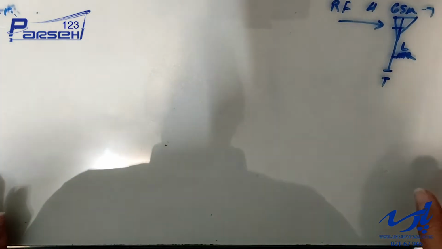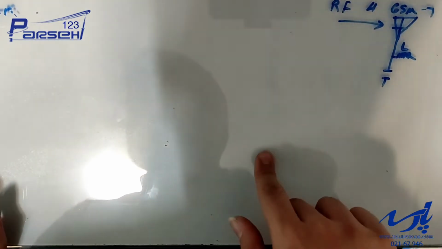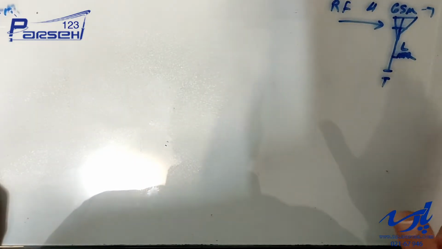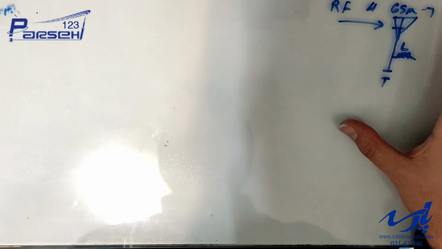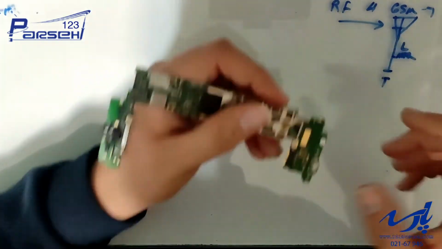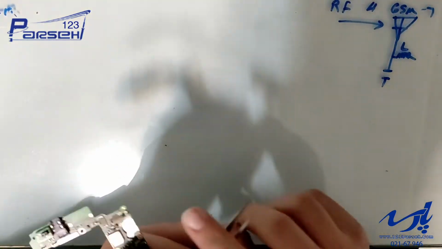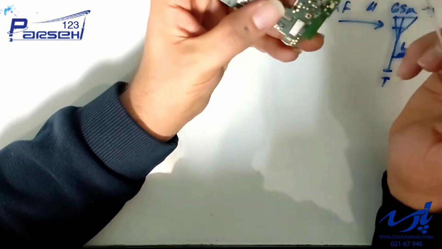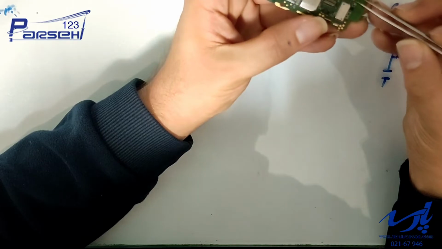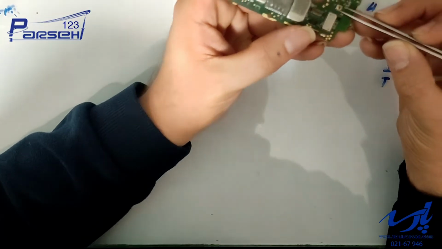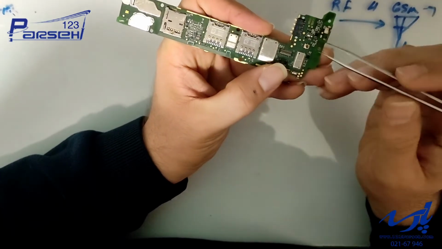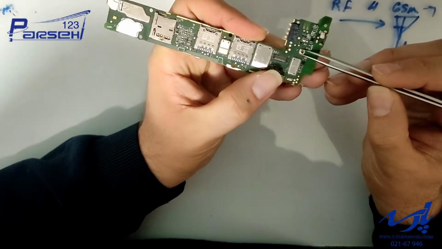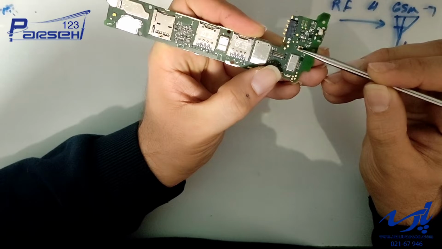For solving this problem, first thing first, you have to check the antenna itself. In some cases, in some mainboards, the antenna is something shaped like this. If my camera can read it, as you can see here, something like that.